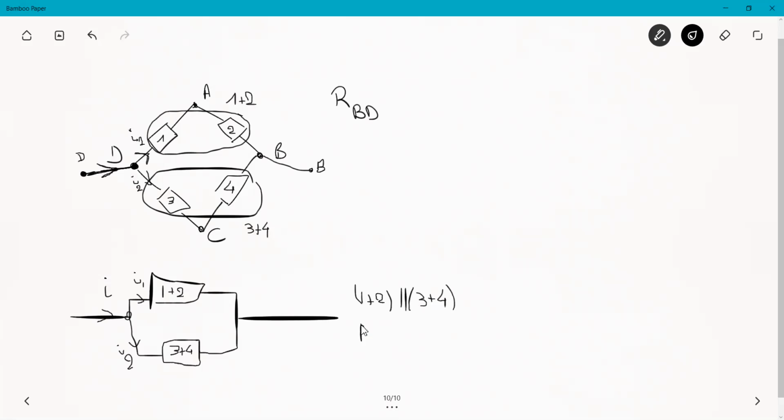So then if you go back to the resistance between B and D, it's the product over the sum: (1 plus 2) times (3 plus 4), over the sum 1 plus 2 plus 3 plus 4.